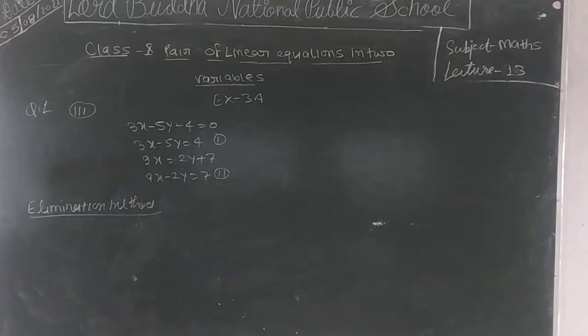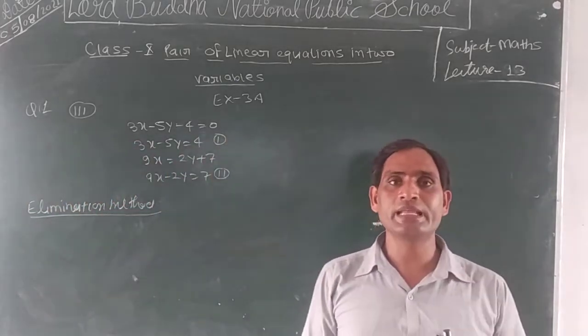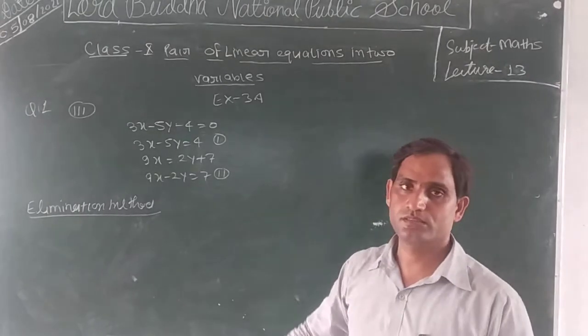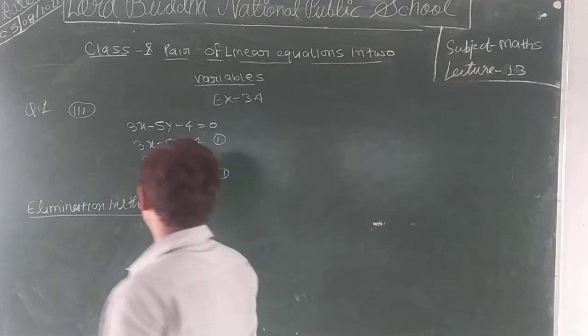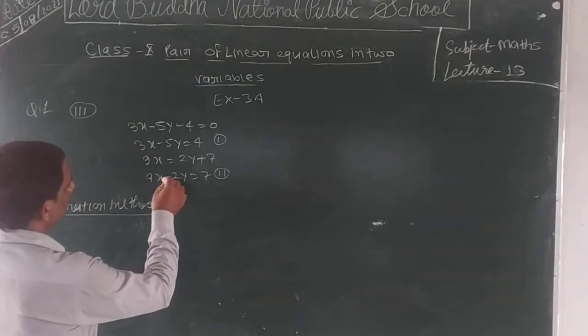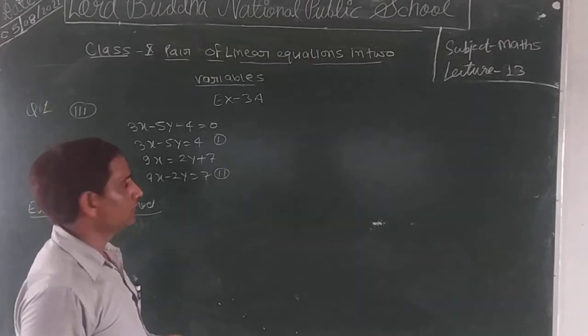As I discussed in the previous lecture, in the elimination method we eliminate any one variable, either x or y, from these two equations. First of all, we see the coefficient of the variable which is to be eliminated.